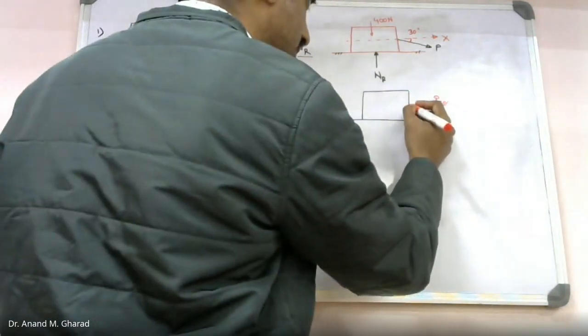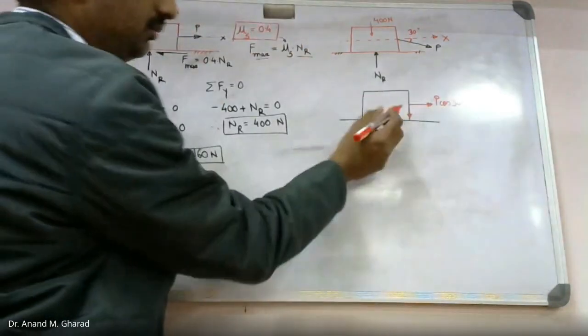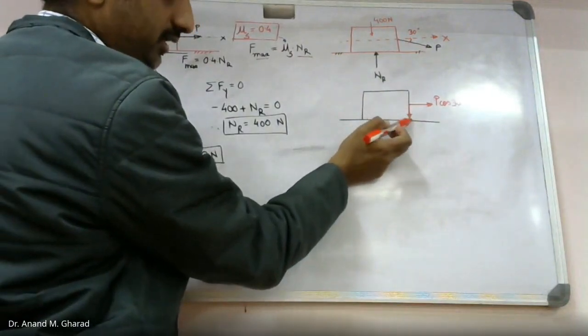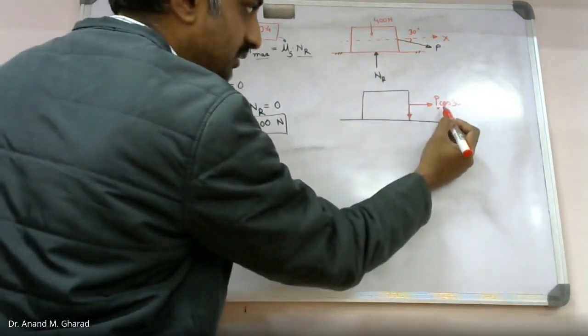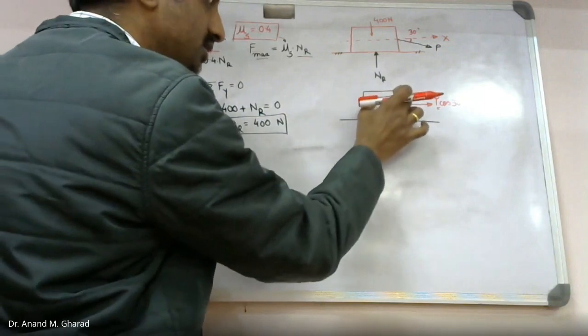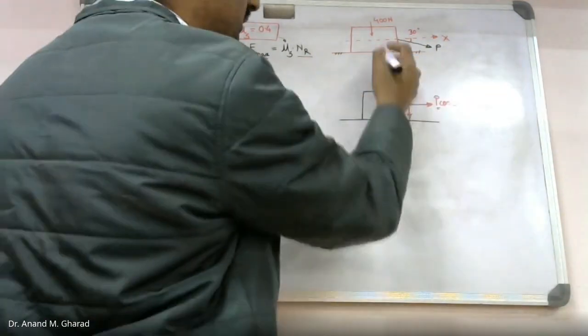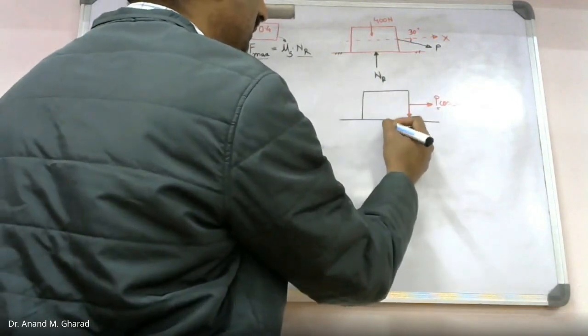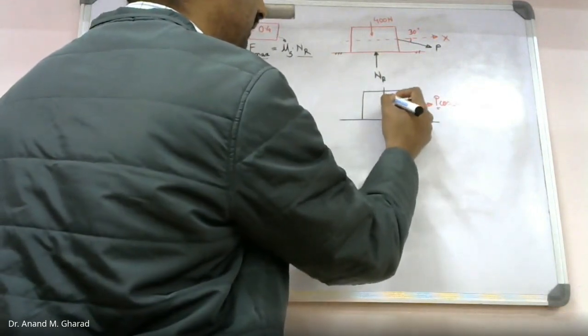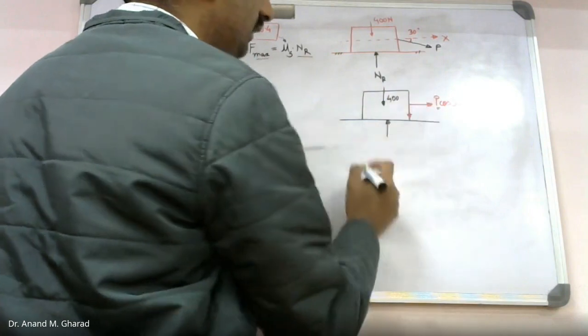And another component will be acting in the vertical direction. So this component shall compel this rigid body to move in the right direction. Okay. So this is the representation, and this is the complete free body diagram.